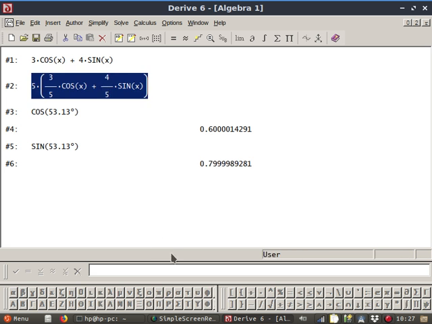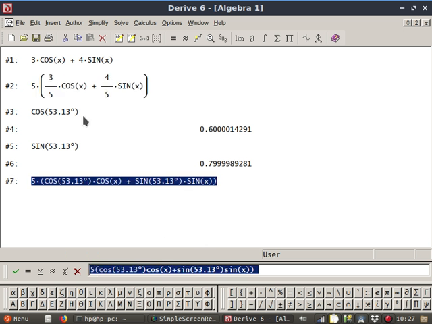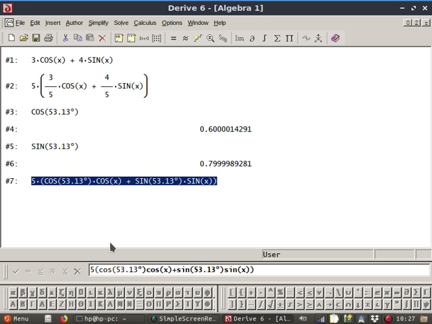So this line, I can change it into 5 cos 53.13 degrees cos x plus sine 53.13 degrees sine x. There. I've changed that into that.